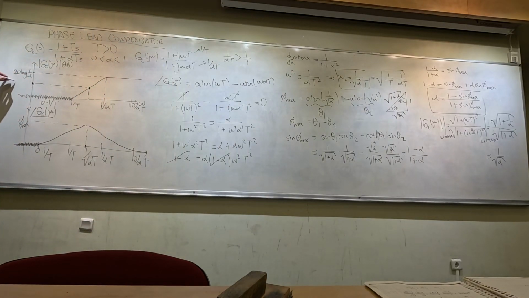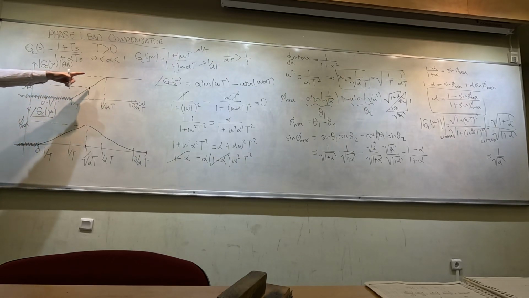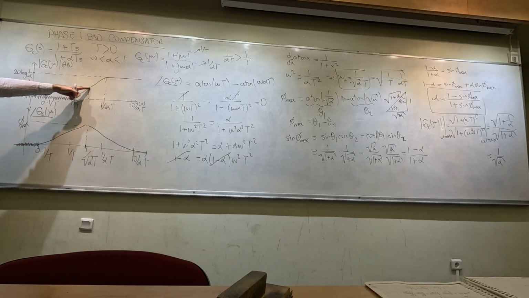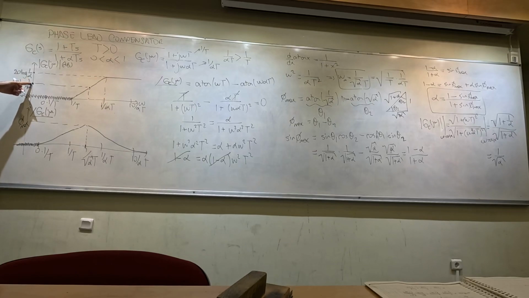So here, this point is 20 log 1 over square root alpha. So we see that the largest magnitude that we reach here is 1 over alpha, and the magnitude at the middle here is 1 over square root alpha. In a logarithmic plot, what should happen between these two values? This one is going to be half of this thing, because we see that this is 10 log 1 over alpha.